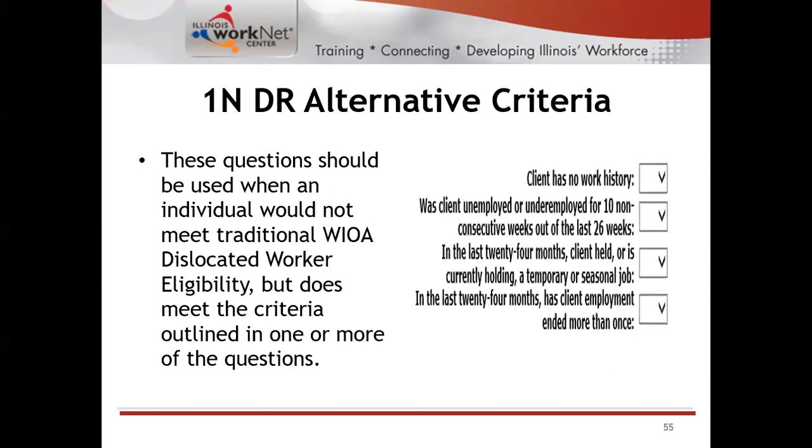Client has no work history. Was client unemployed or underemployed for 10 non-consecutive weeks out of the last 26? In the last 24 months, client held or is currently holding a temporary or seasonal job. And in the last 24 months, has the client's employment ended more than once?